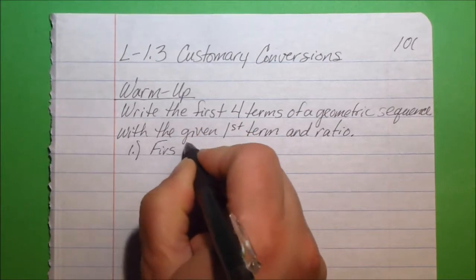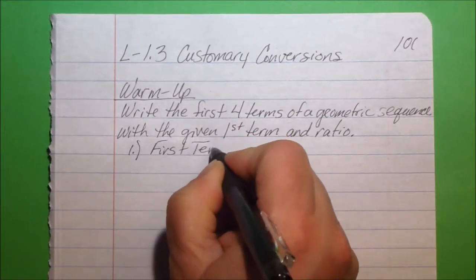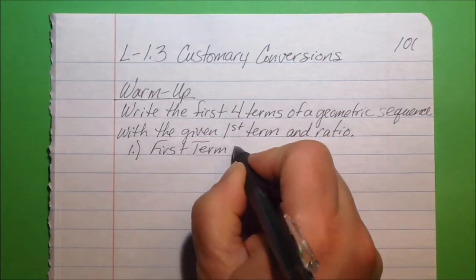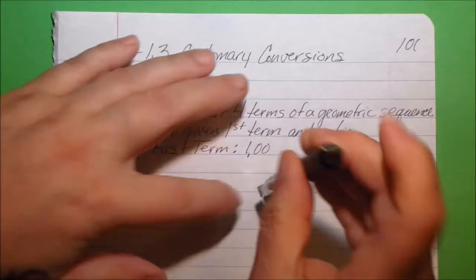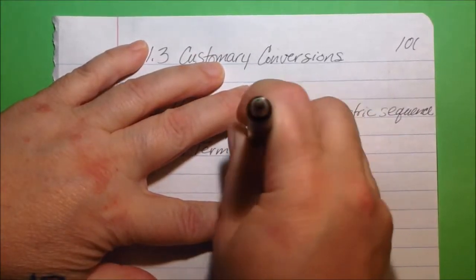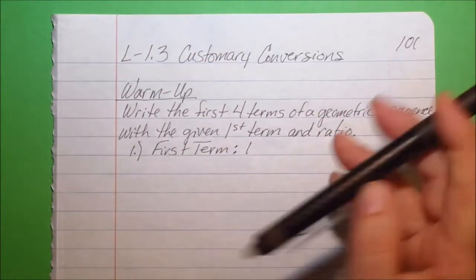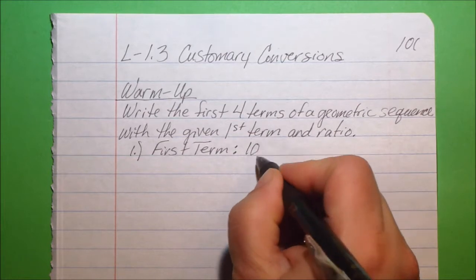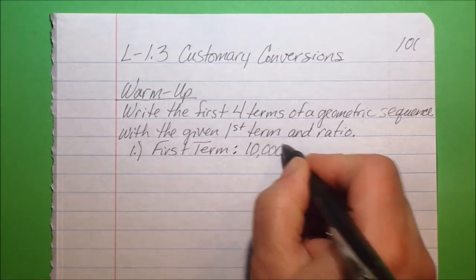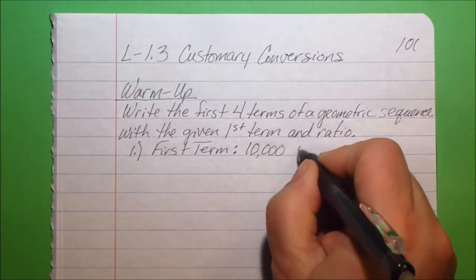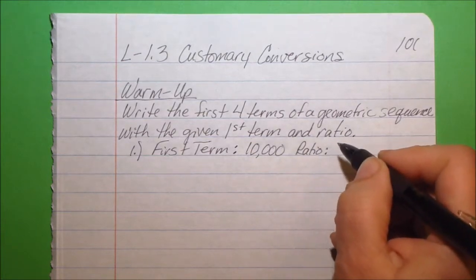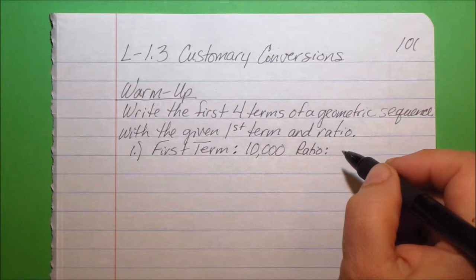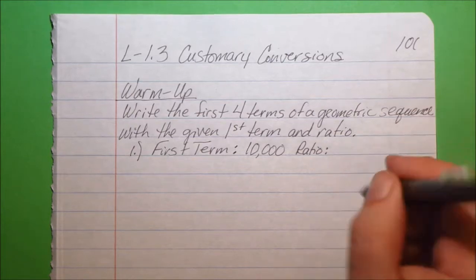First term is 10,000. Oops, not 1,000. 10,000. And the ratio, oh yeah, okay.